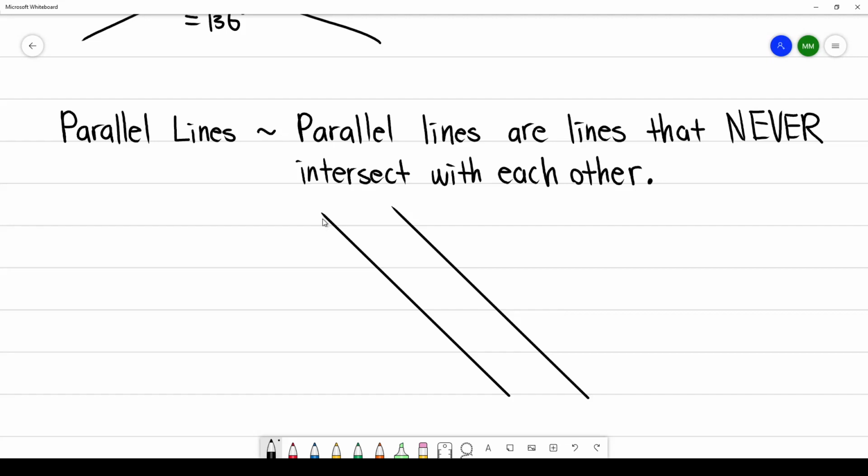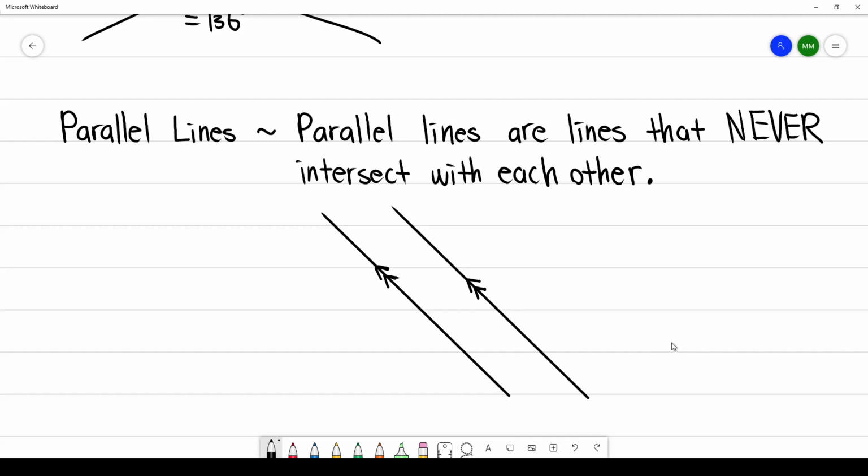So how we indicate this is by drawing something like this. Maybe two arrows here and then two arrows here.